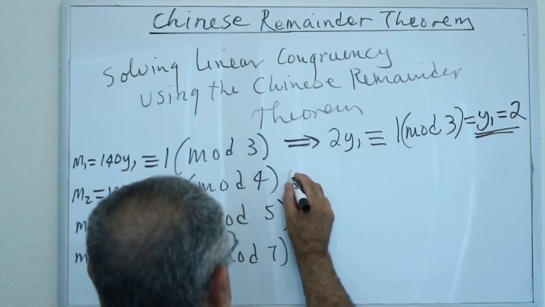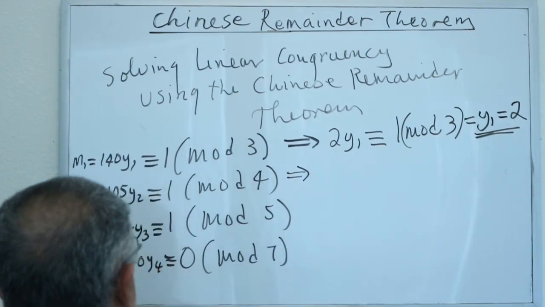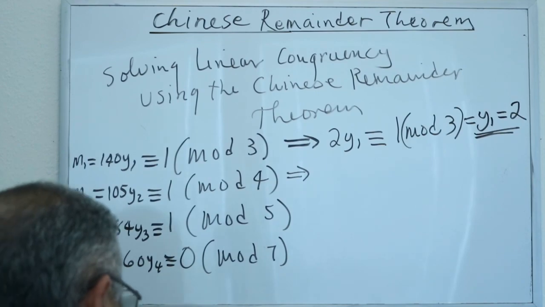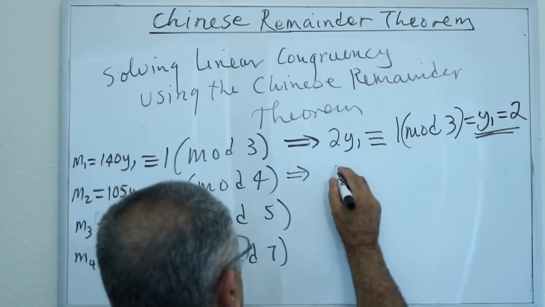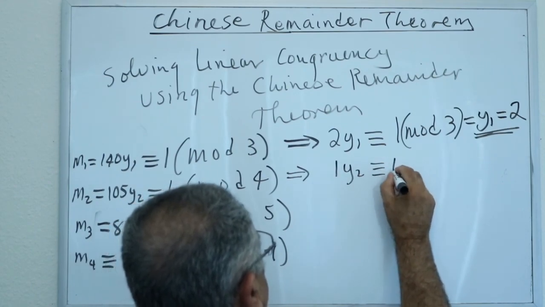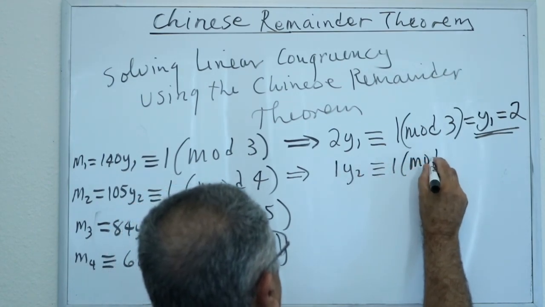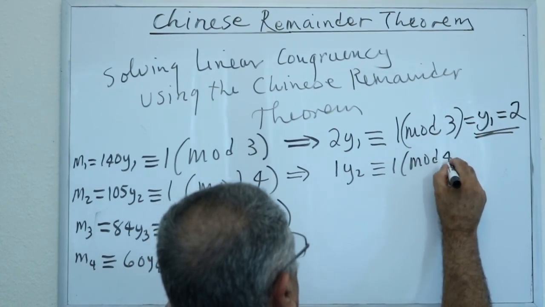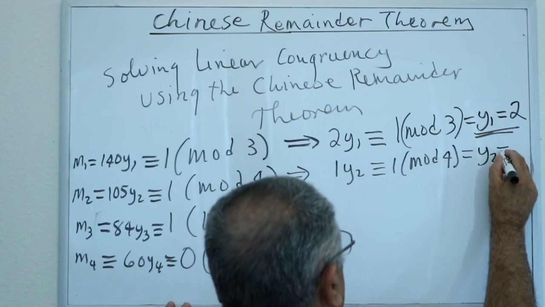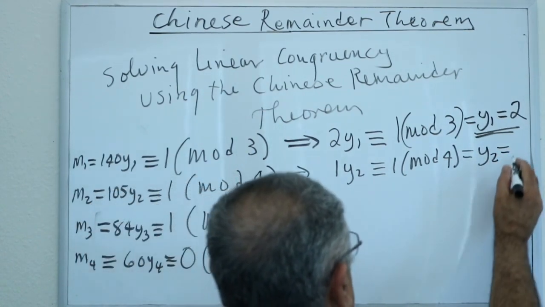Then continue here. This would be 105 mod 4. So 105 mod 4 is going to be 1, so 1 y sub 2 is congruent to 1 mod 4. And in this case, y sub 2 is going to be equal to 1.